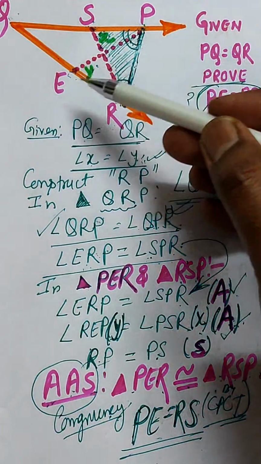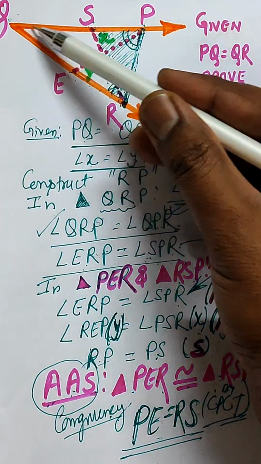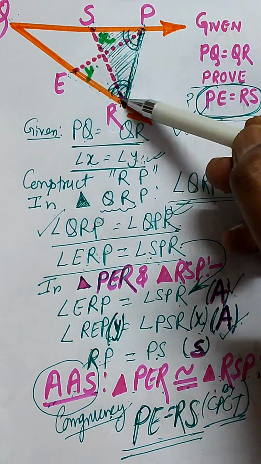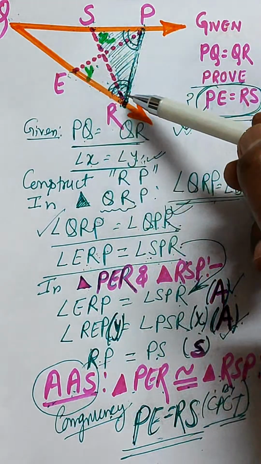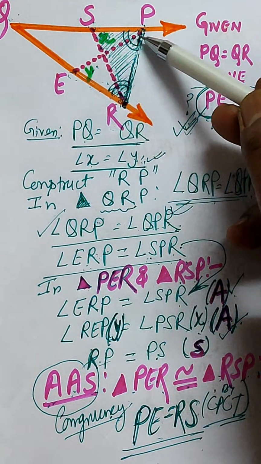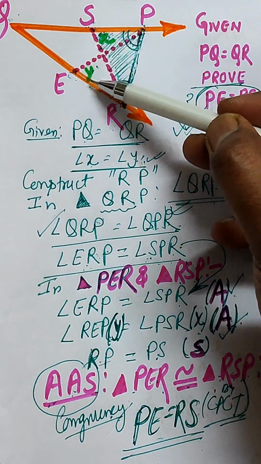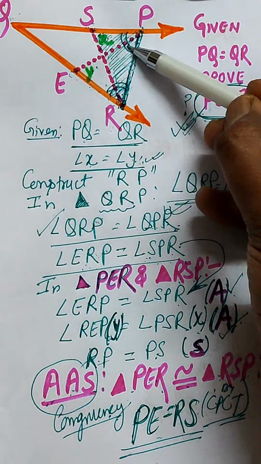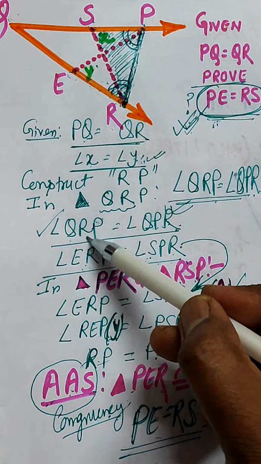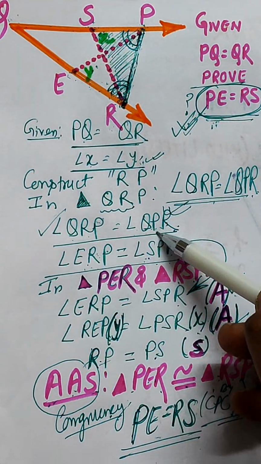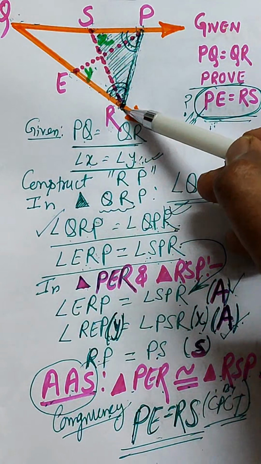We can say that angles opposite to the equal sides, since PQ is there, angle opposite to PQ is angle R, this one, and angle opposite to QR is angle P, this one. So angles opposite to the equal sides of a triangle are equal. That's why angle P is equal to angle R, which we have written as angle QRP equal to angle QPR, right?